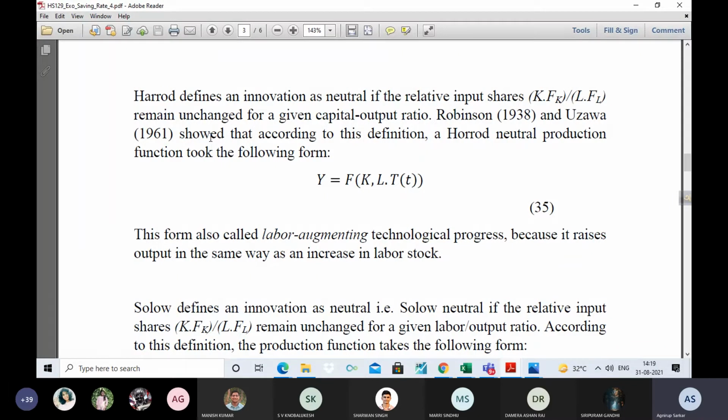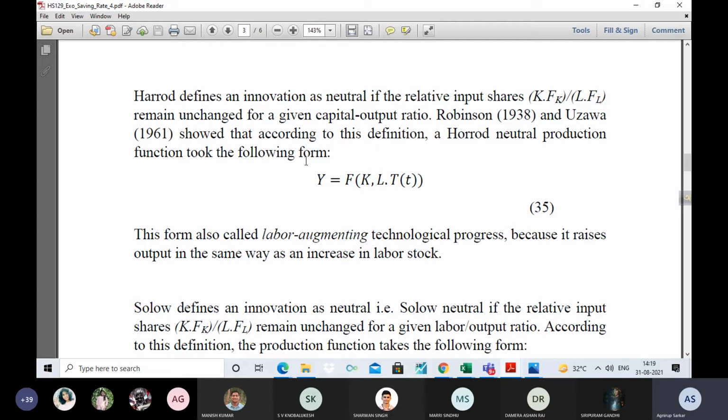So they showed that this particular definition of a Harrod neutral technology implied that the production function will take the following form.